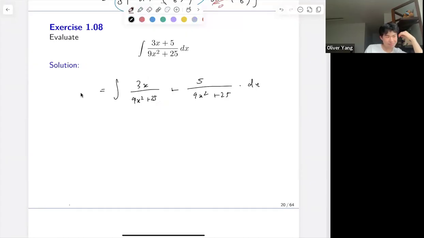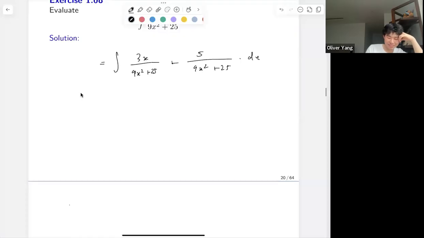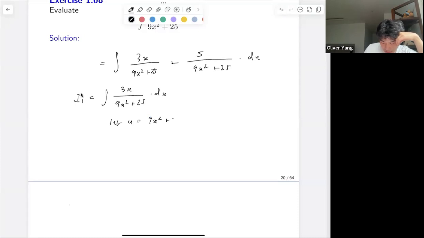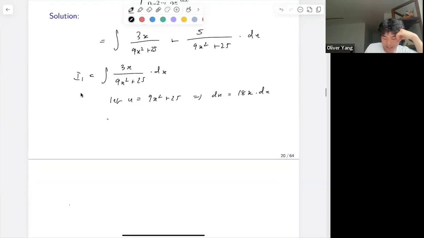Let's just do the u sub. For our integral one, we get 9x over 9x squared plus 25 dx. So let u equal 9x squared plus 25. du is going to be 18x dx, right? Cool, and then we just sub it in.